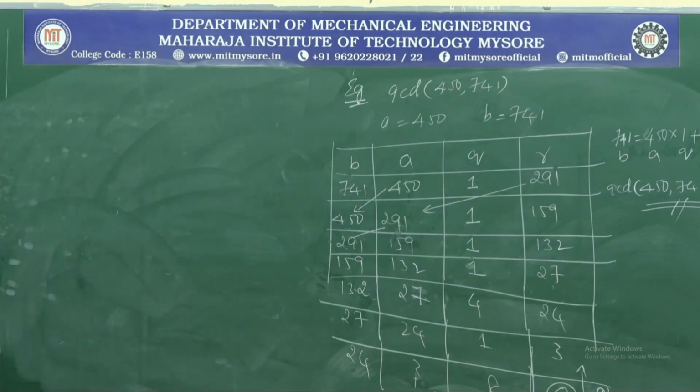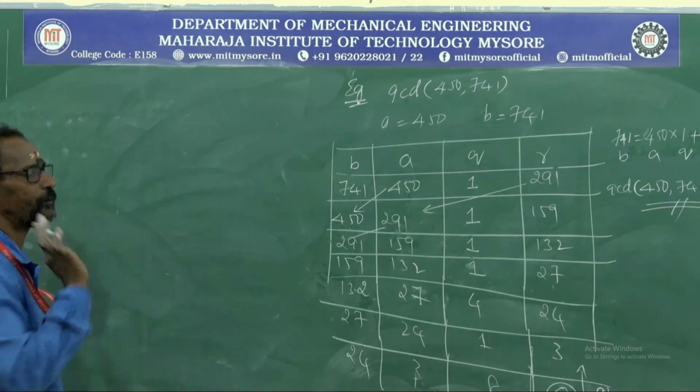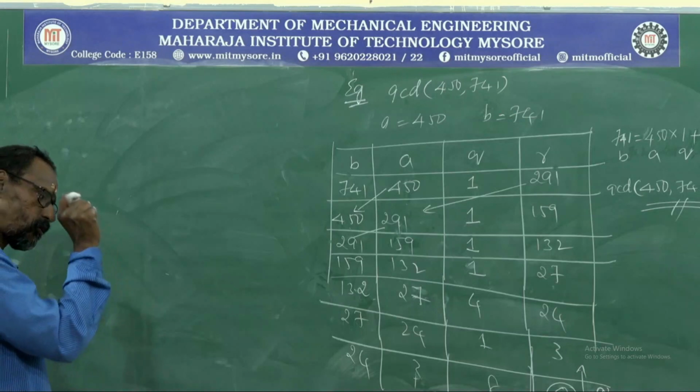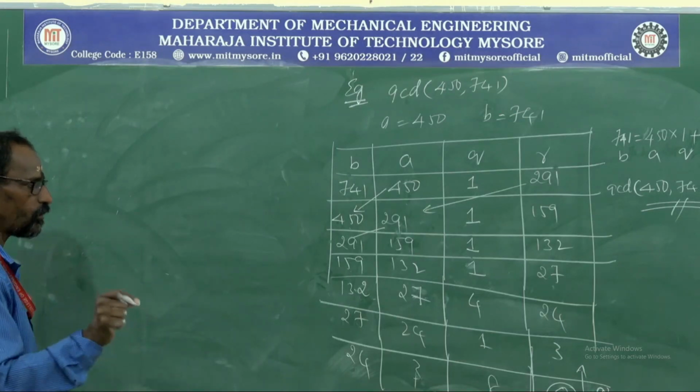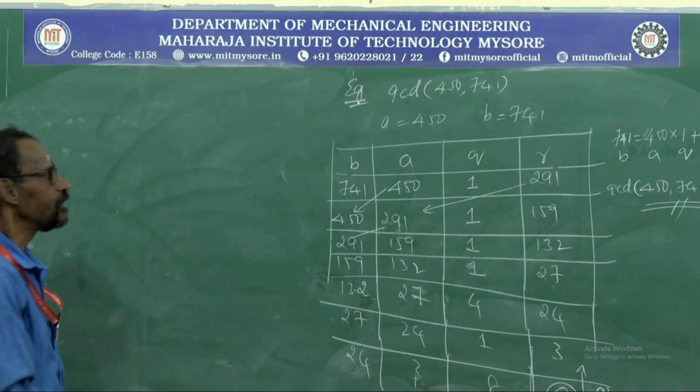So carefully understand the method of finding GCD. When the given numbers are very small, you can go to the classical approach. When the numbers are quite big, don't follow the classical approach; follow the tabular representation.